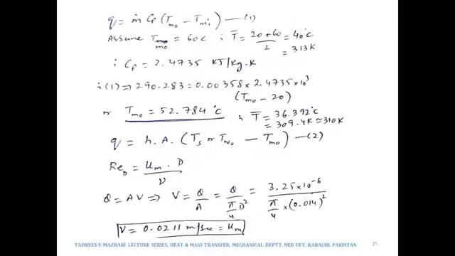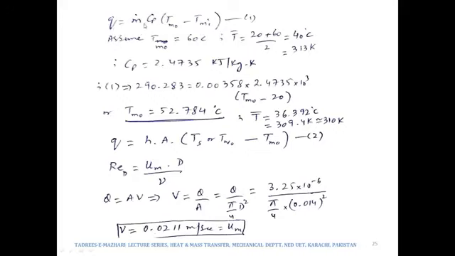Now we have to find out Tm0, right? So Tm0 only appears in the expression Q = m Cp ΔT. So we will be starting with m Cp ΔT, where m would in fact be mass flow rate. Only then Q would be in watts.